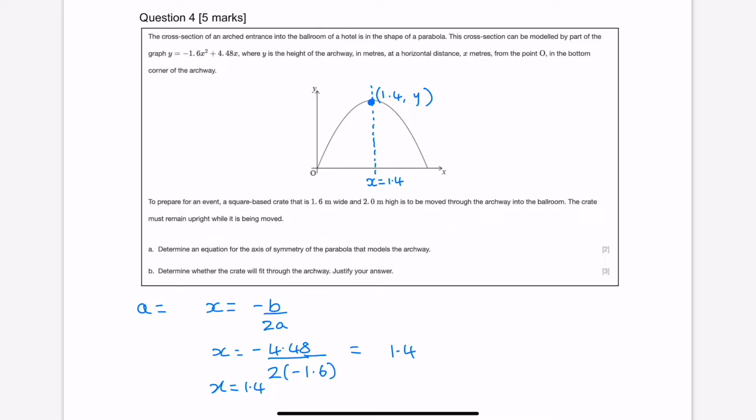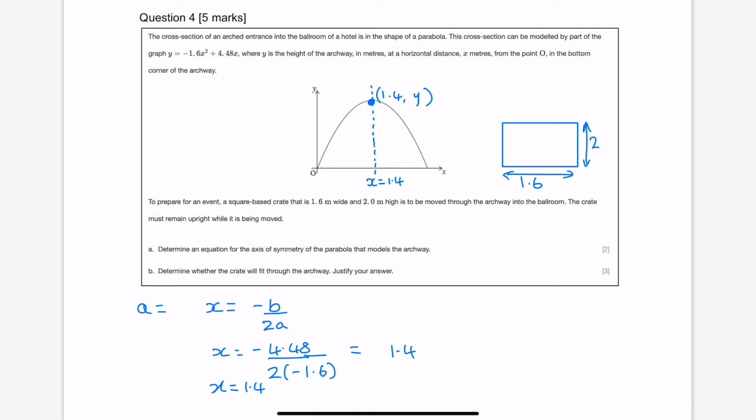For the second one, I'm determining whether this crate will fit through the archway. So at the moment, the crate, if I drew it out, so this is my crate, is 1.6 meters wide and it's 2 meters tall. And I'm trying to work out if it's going to fit through.